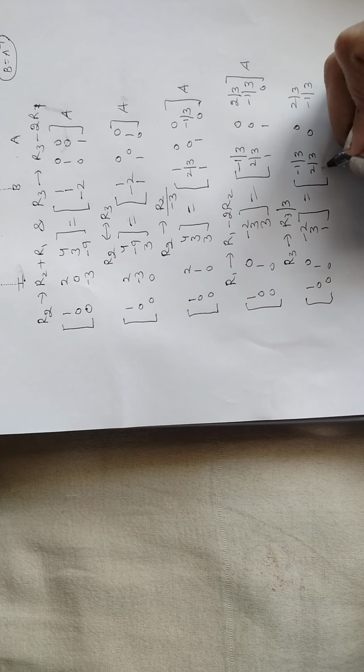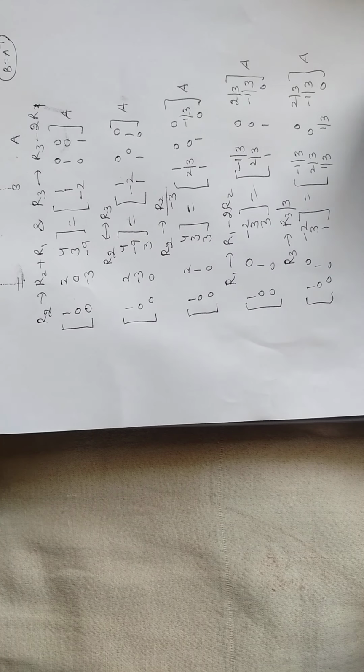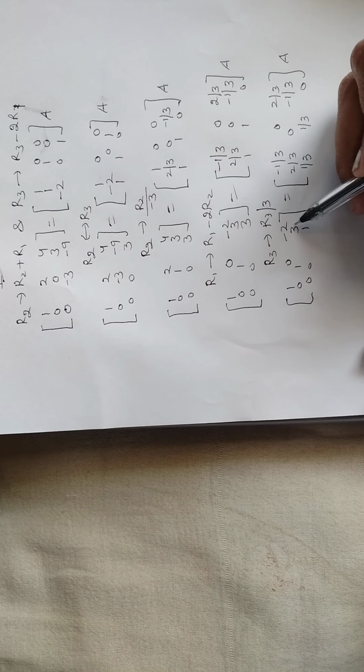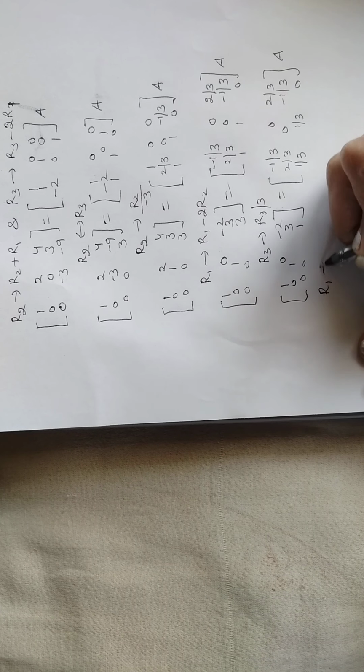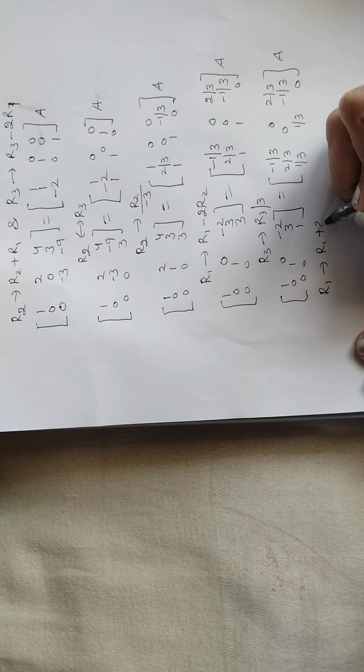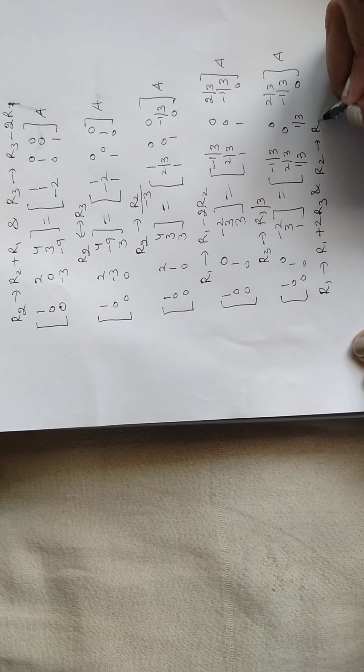Here you have to divide it by 3. Clear? Now you have to make these two 0 with the help of this one. So which operation will you apply? R1 goes to R1 plus 2 times R3 and R2 goes to R2 minus 3 times R3.